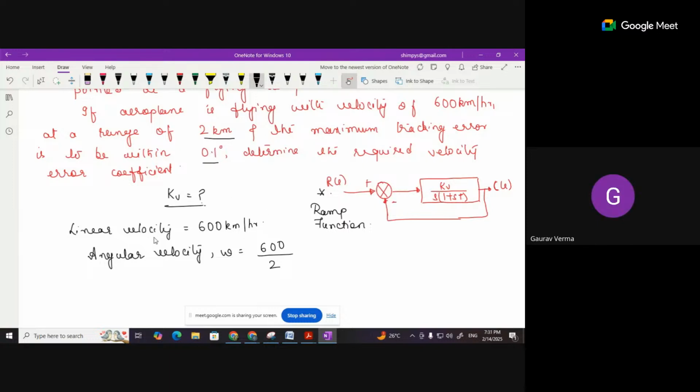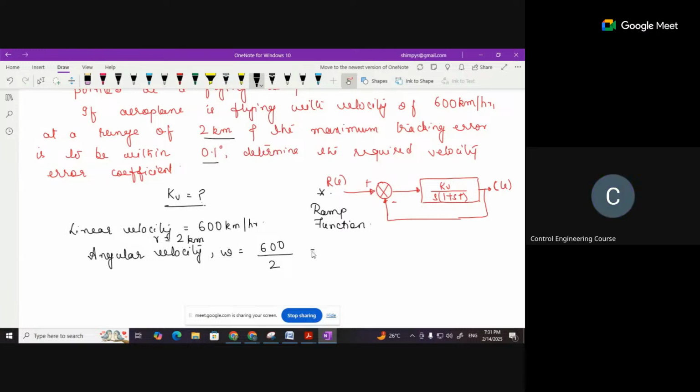What do we mean by range? Like the point of measurement and that flying object? Yes, the range means you can say the radius for which your aeroplane can be tracked by this antenna. Correct.